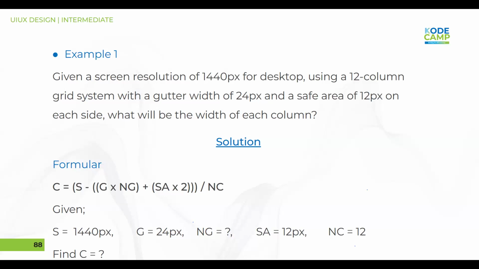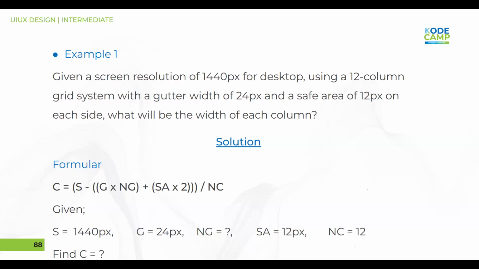And then our G, our gutter size, is 24 pixels. And NG, what does it stand for? Let me see if we are following. Anybody can unmute, I prefer us unmuting than using the chat.